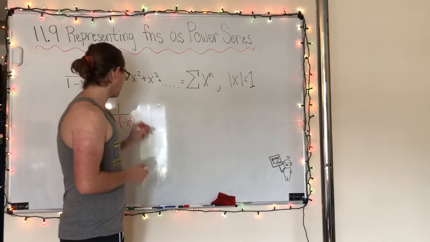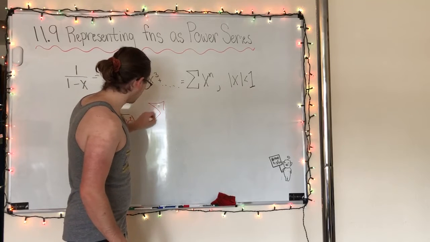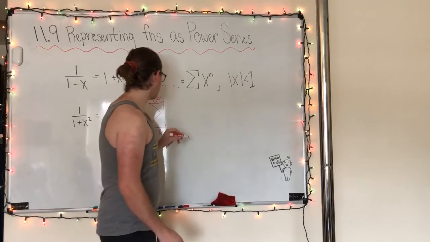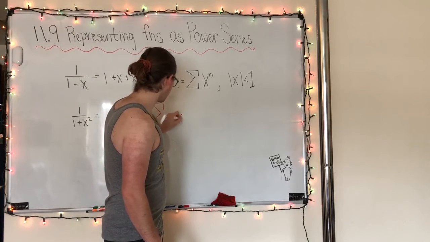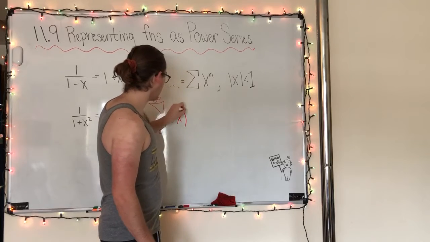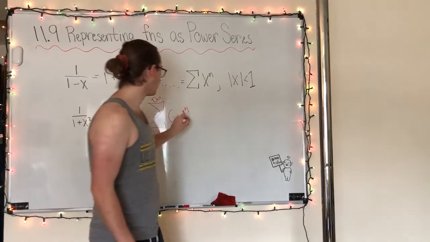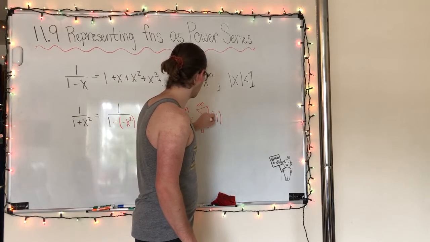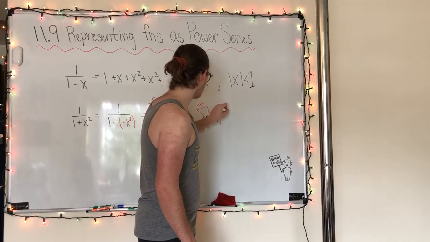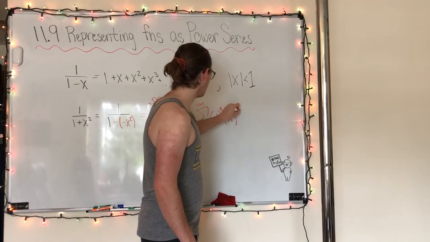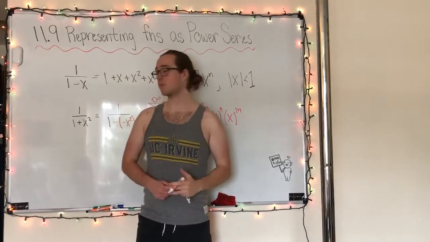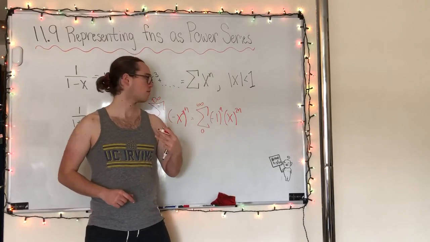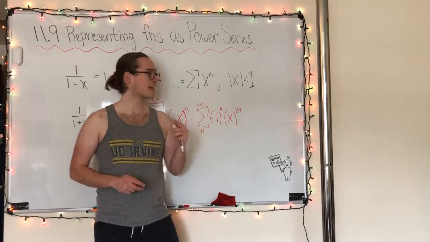What is this going to be equal to? This is going to be equal to the sum from n equals 0 to infinity of negative x squared to the n, which is equal to the sum from 0 to infinity of negative 1 to the n times x to the 2n. And this would be the power series representation of 1 over 1 plus x squared.